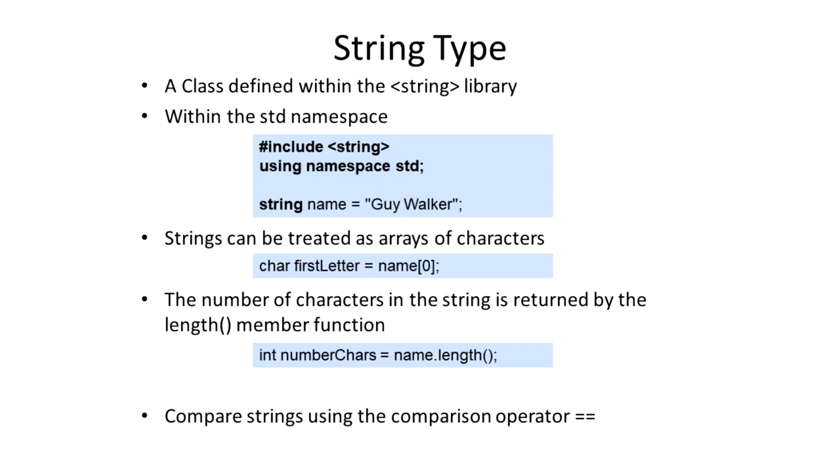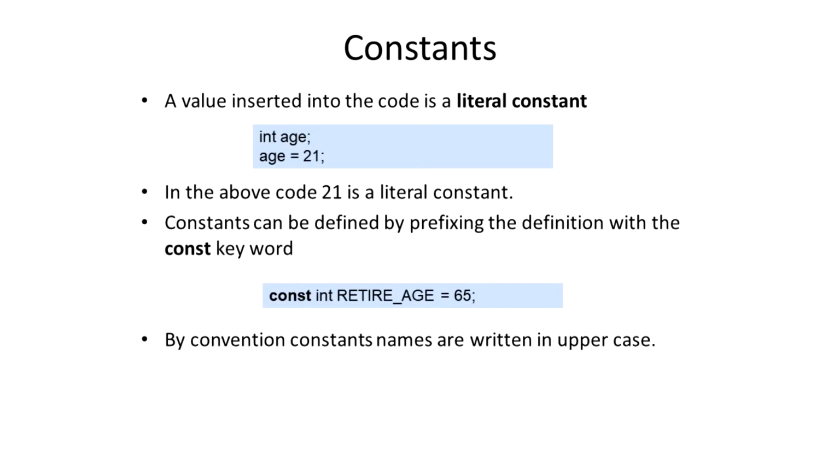It would be the object name dot function name. So you'll see here it's name dot length, and as it's a function, of course, has a pair of brackets. And then that returns an integer, which we can then store separately in number chars. Okay, so that's the string type.